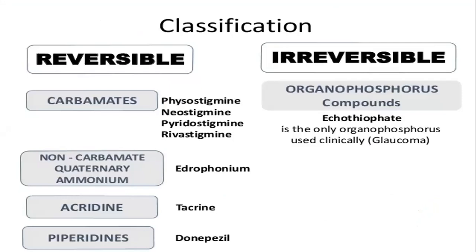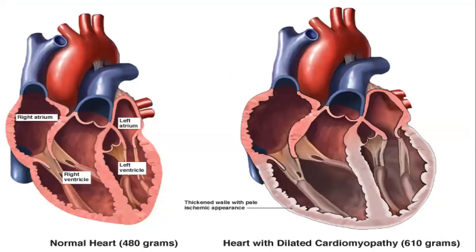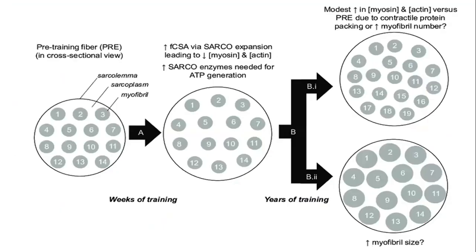We have seen classification of the anticholinesterases. We have seen how the cardiac muscle functions as a syncytium, which causes the cardiac muscle to contract effectively. We have learned about the excitation contraction coupling of the cardiac muscle and the skeletal muscle.